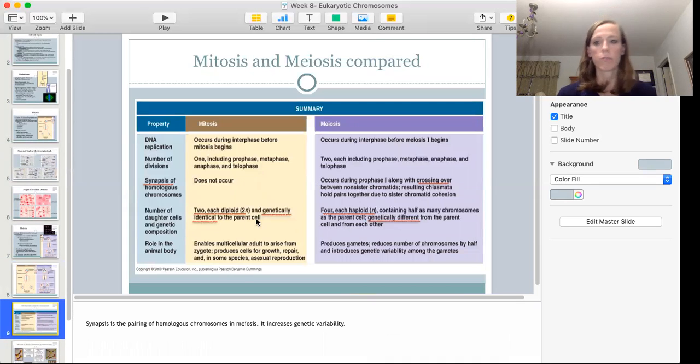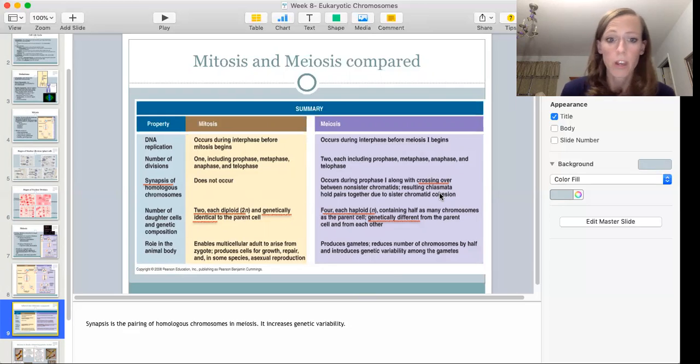And just to verbally point out, beat a dead horse, synapsis is when you have the lining up of those homologous chromosomes. You can have crossing over between the non-sister chromatids, which again increases genetic variability in offspring. Okay, it's a neat technique, I guess you can say, to produce a child that is genetically distinct from either of its parents and either of its siblings.